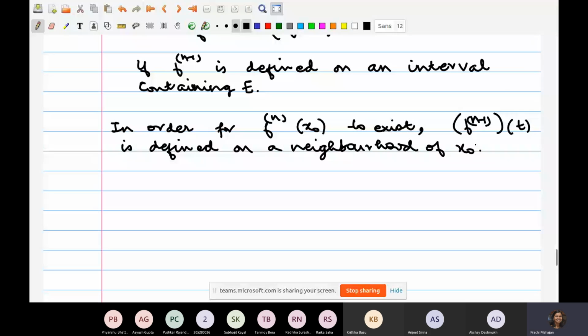At least we need it to be defined in a one-sided neighborhood. You can talk about the left-hand derivative and right-hand derivative, whichever the case may be. So we need two things. One, the (n-1)th derivative must be defined in a neighborhood of x naught, and two, the (n-1)th derivative of f must be differentiable at the point x naught.